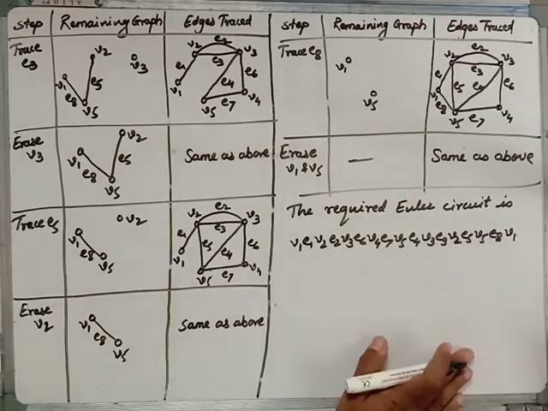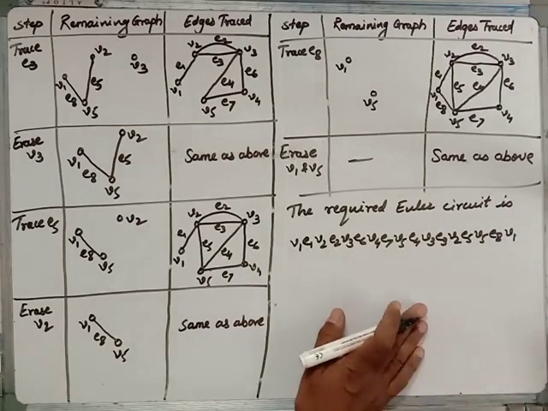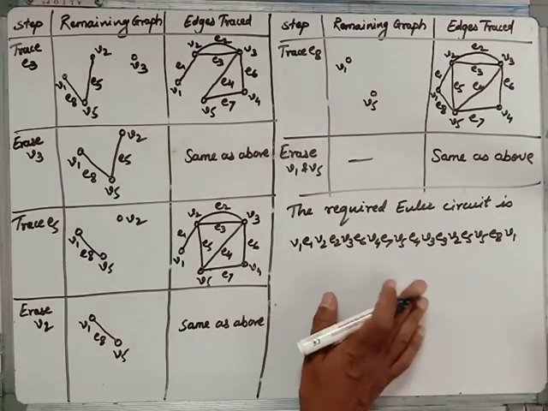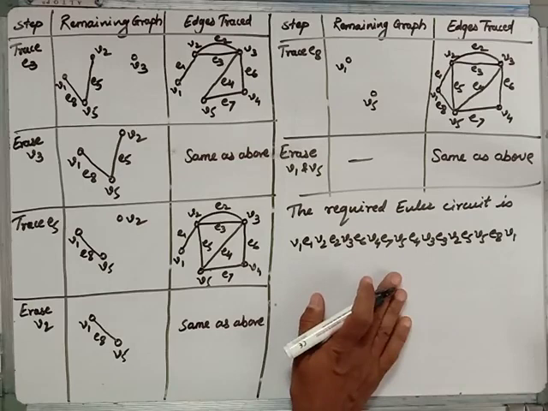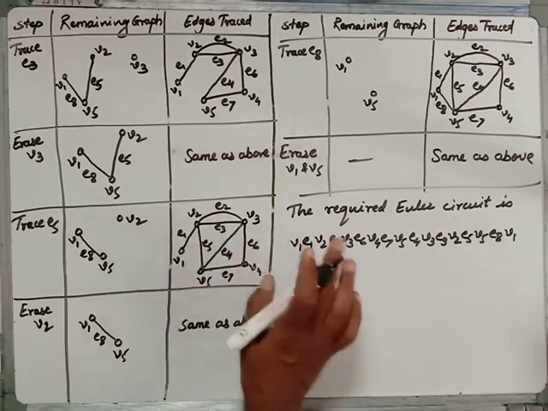So this is our Euler circuit. It is not required that this is the unique one; you can trace a different one also.